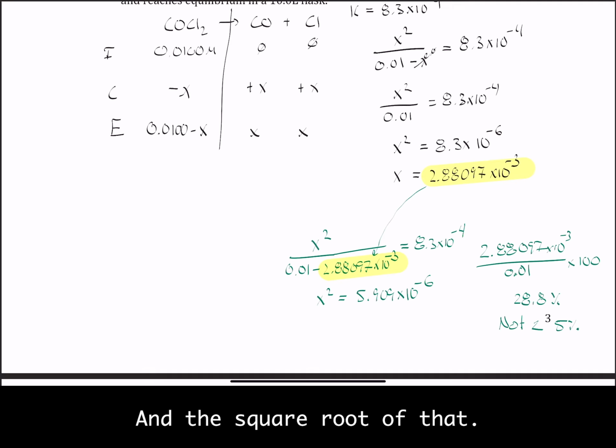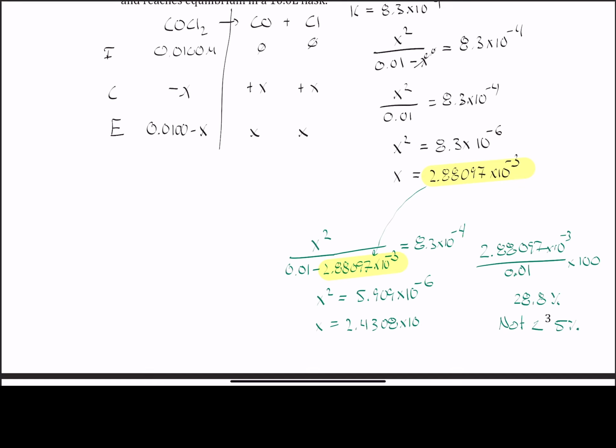And then the square root of that is 2.4308 times 10 to the negative 3.